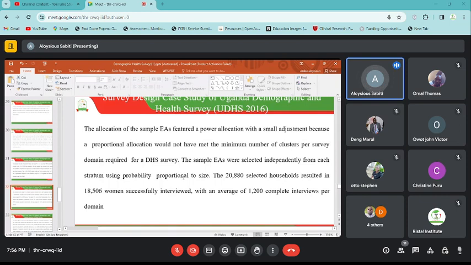So you can choose women, women of reproductive age. But among women of reproductive age, you further go ahead and look at women who are pregnant. You further go among pregnant women and look at women who have attended 4 and above antenatal visits.